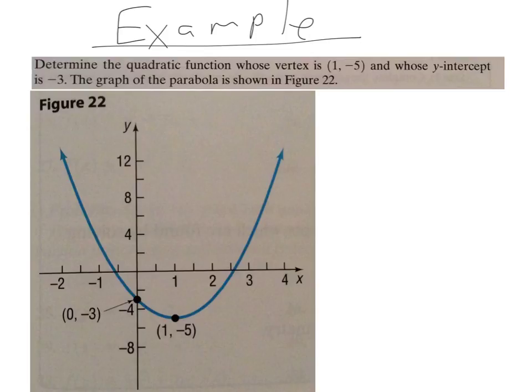Alright, here's an example. Determine the quadratic function whose vertex is 1, negative 5, and whose y-intercept is negative 3. The graph of the parabola is shown below in the picture. So, we can start by using the vertex form.